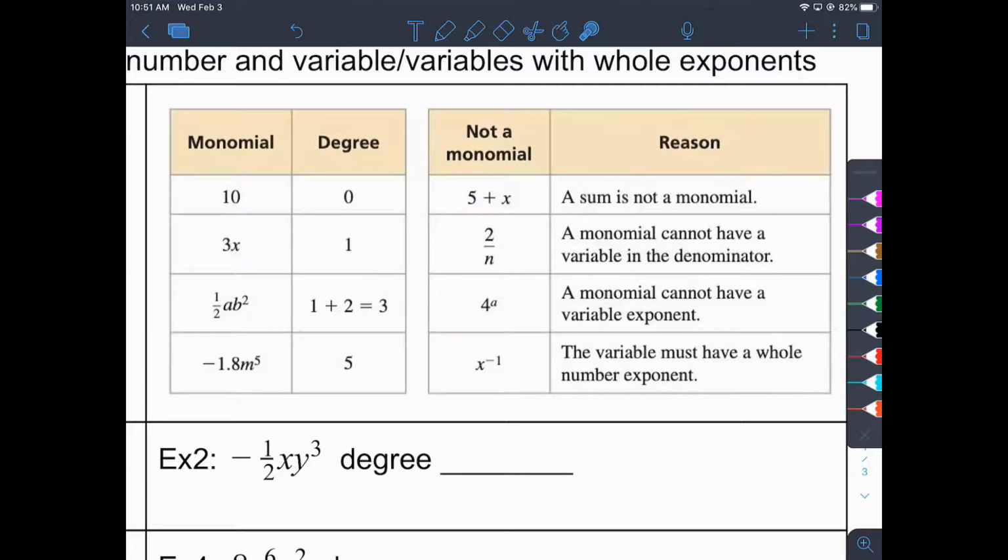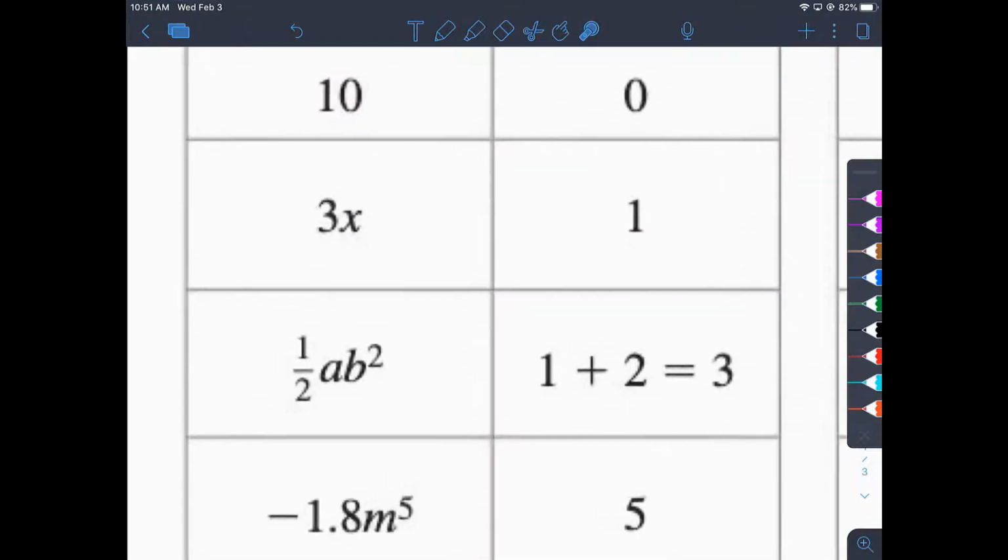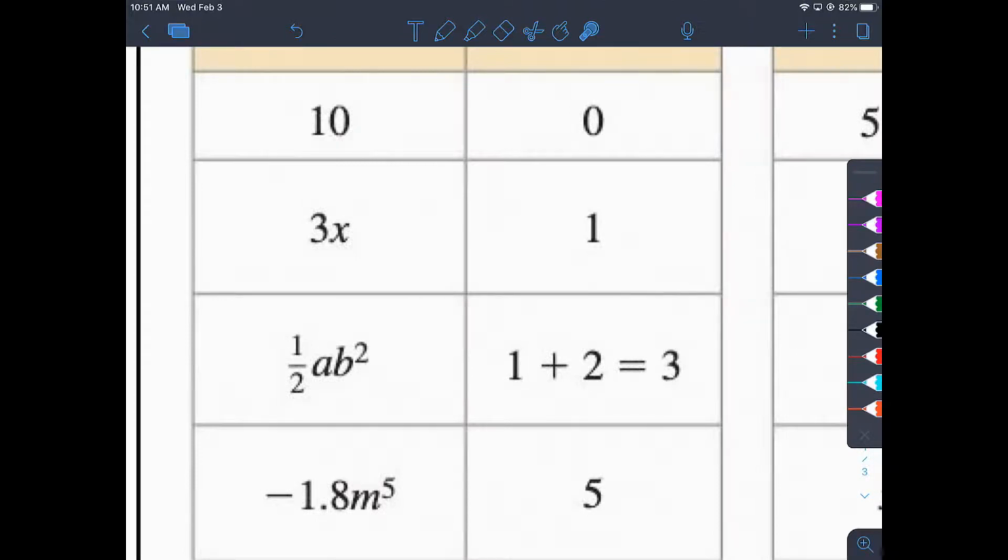They are multiplied together. But it does have a degree, and the degree is 1. And the reason the degree is 1 is because the exponent that is attached to the x is a 1. Now, we don't typically write the 1, but it is there, so technically I could add it. So its power or its degree is a 1.